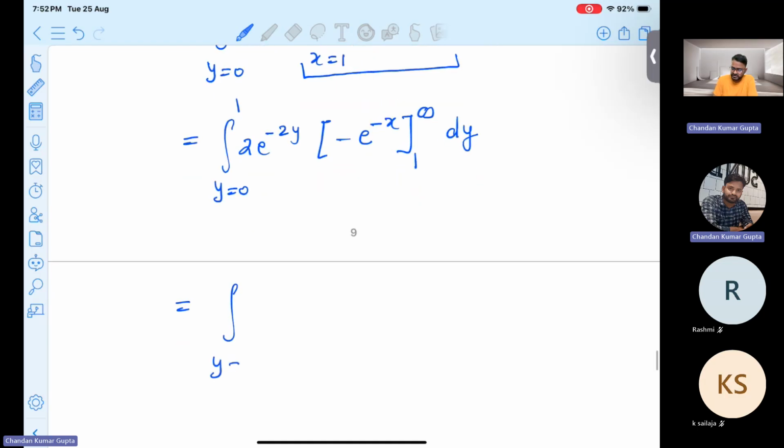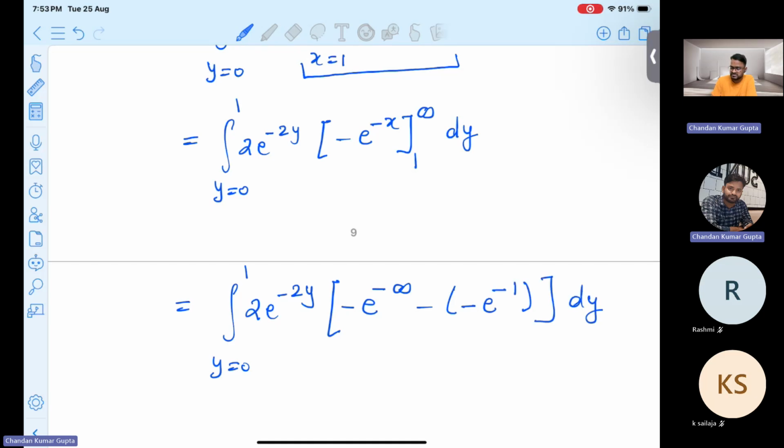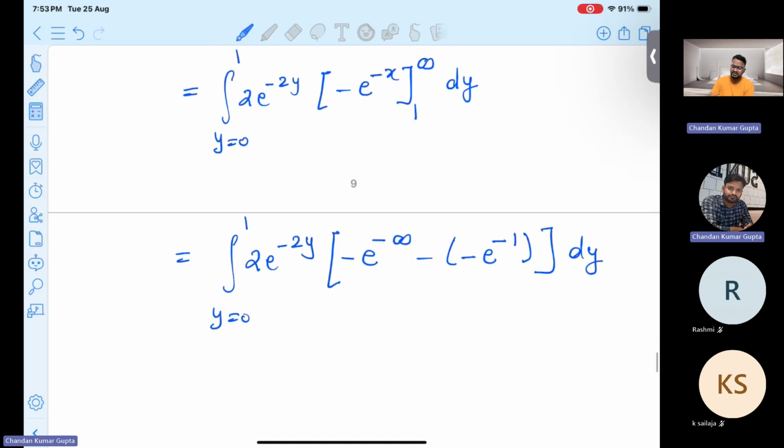Now we need to first solve this. So it's the integral for y from 0 to 1 of 2 e to the power minus 2y times minus e to the power minus infinity minus (minus e to the power minus 1), dy.